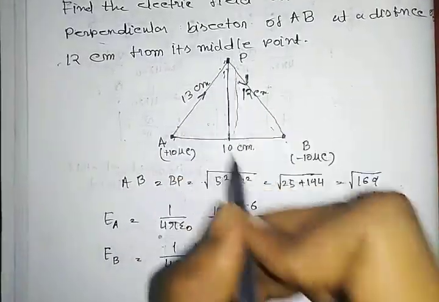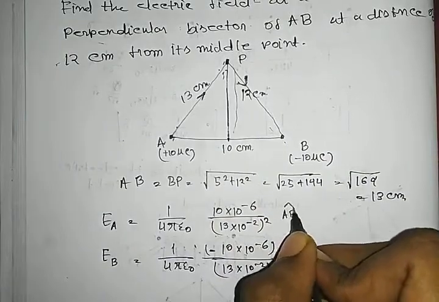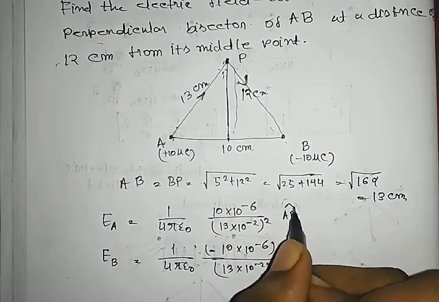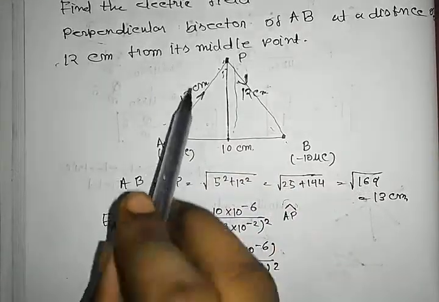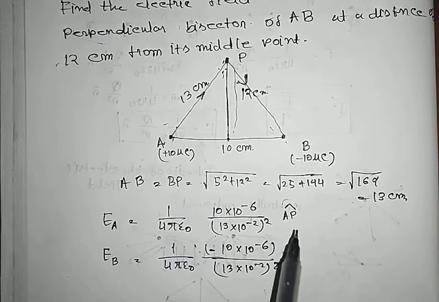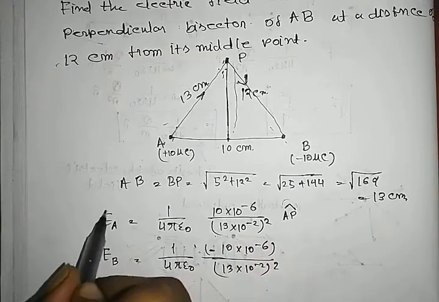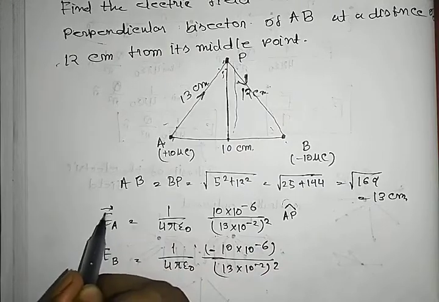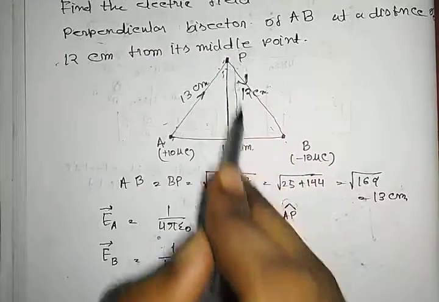So we can write this direction as AP hat. This hat means unit vector along this direction. It just points the direction and has unit value, so it does not change the magnitude. And also we need to give a vector sign over here. The same thing will happen here, except the direction will be along PB.